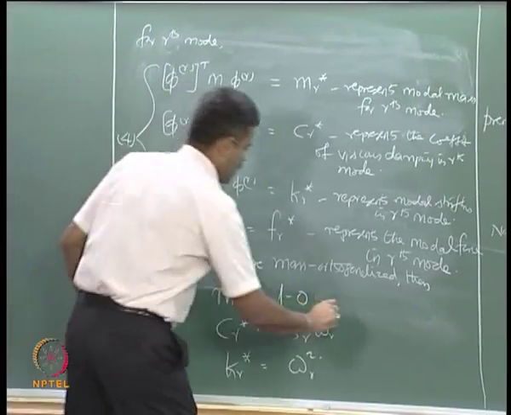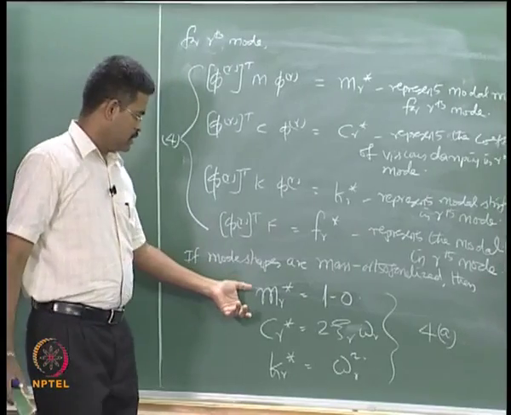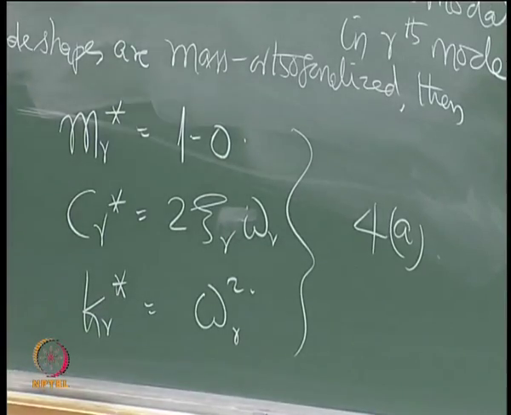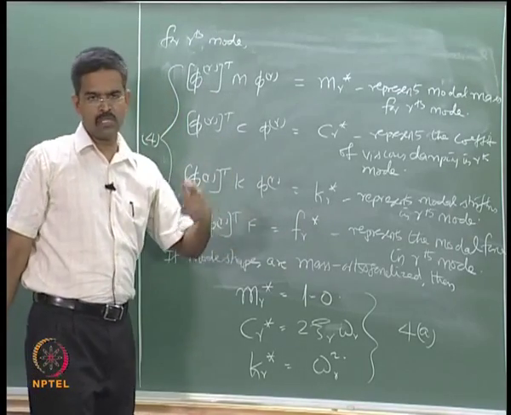Now I will write this as equation 4a. These are all special conditions of these values when the mode shapes phi remain mass orthogonalized.